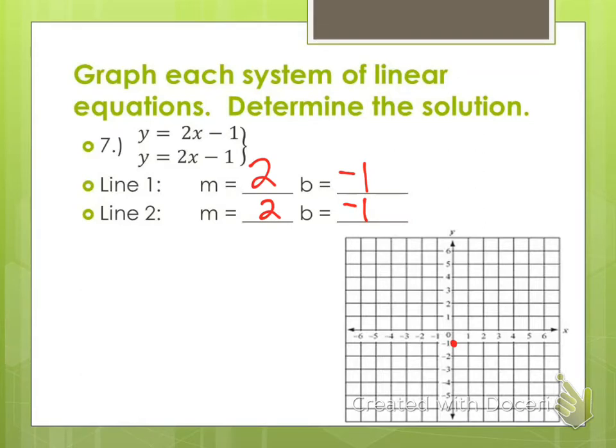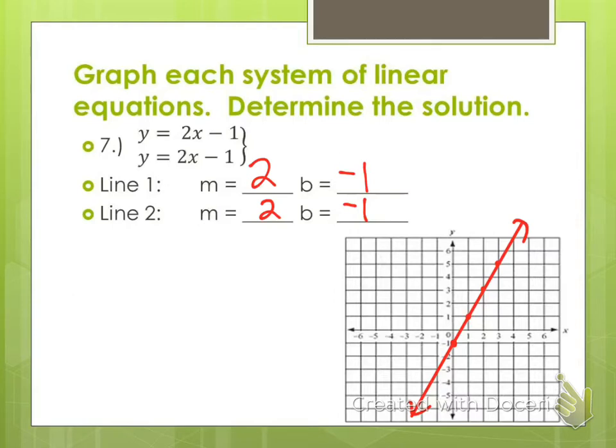We start at -1 on the y-axis. Our slope is 2 over 1, so we rise 2, run 1. We can do that a few times. Graph that line. Now I will switch colors for the second line just to be consistent. But what's going to happen when I start graphing it?